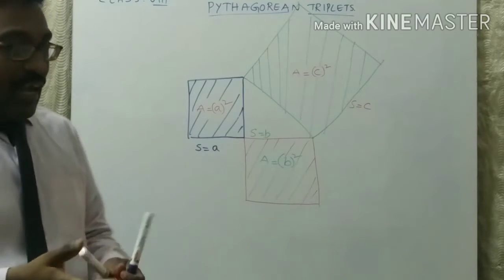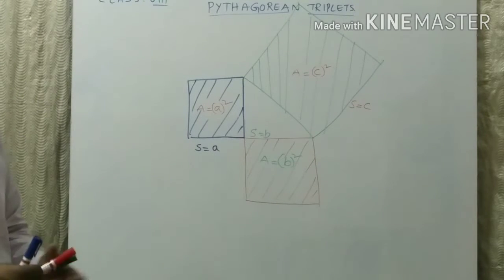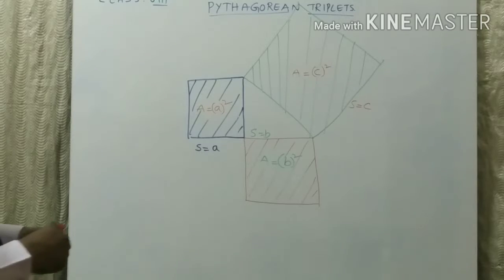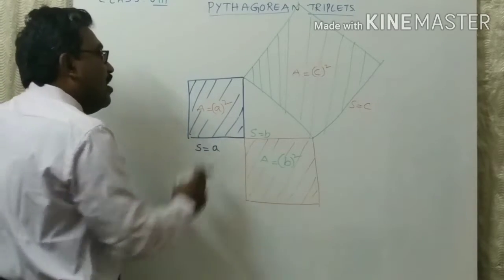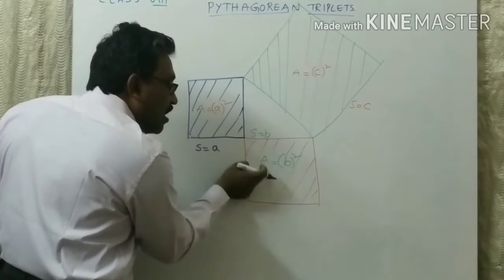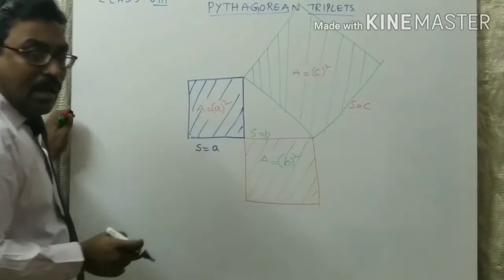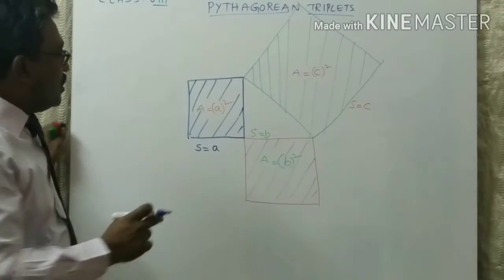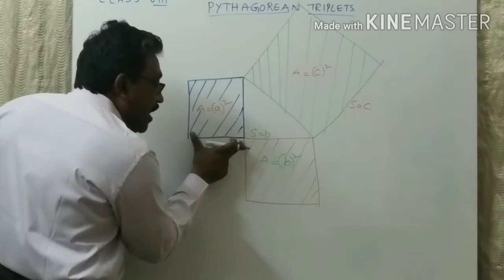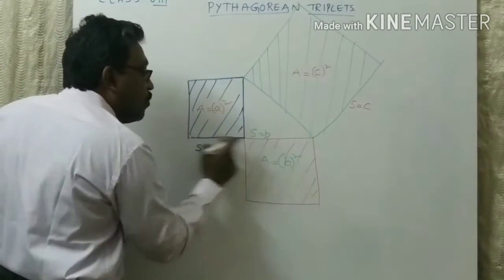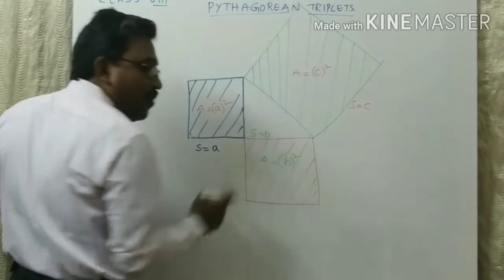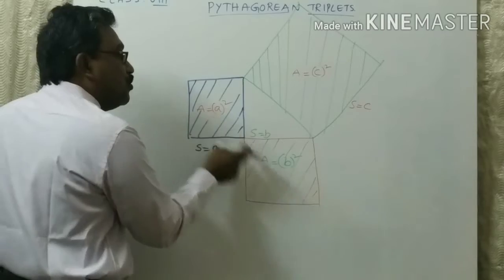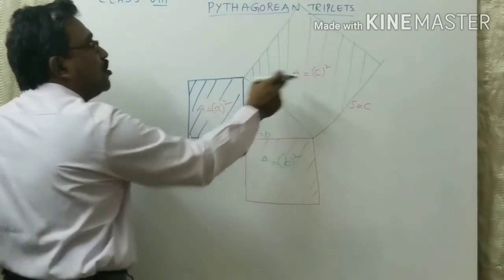So, in a right angle triangle, altogether we came to know that the sum of the squares of any two sides, that means if you form one square here and one more square here, then the sum of these two squares is equal to one more square.